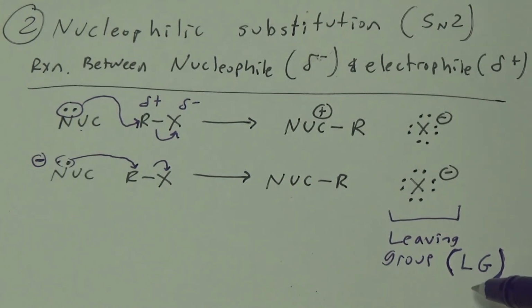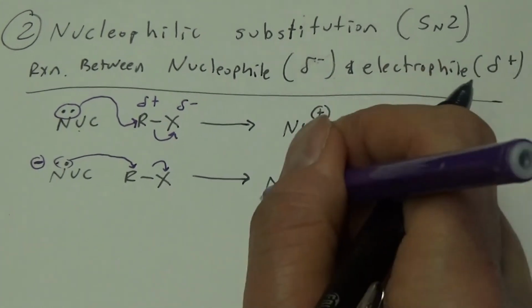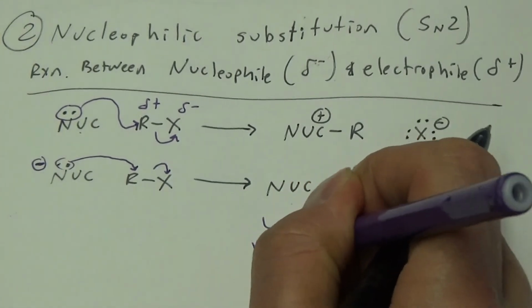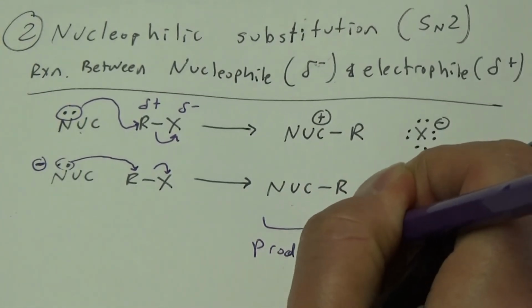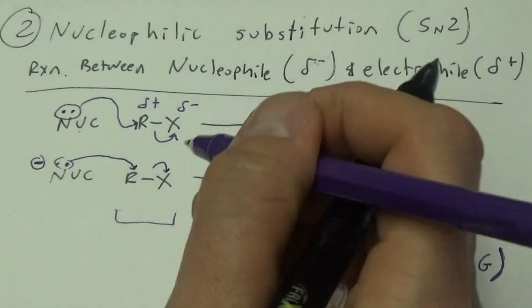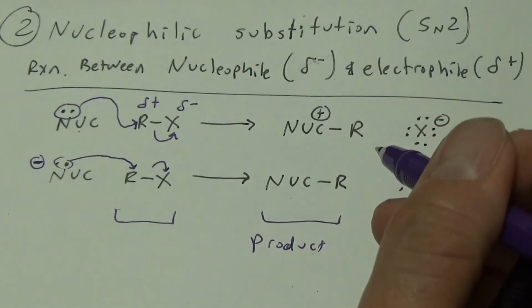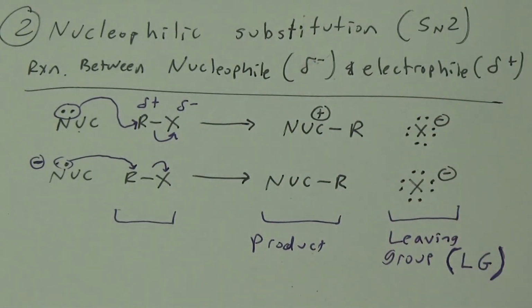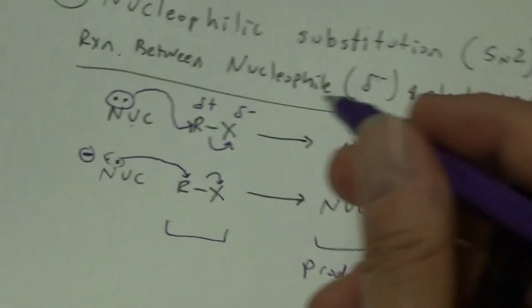Okay, that's the leaving group. This thing you might call the product. It's a product of a reaction. The thing that gets attacked is called the substrate.